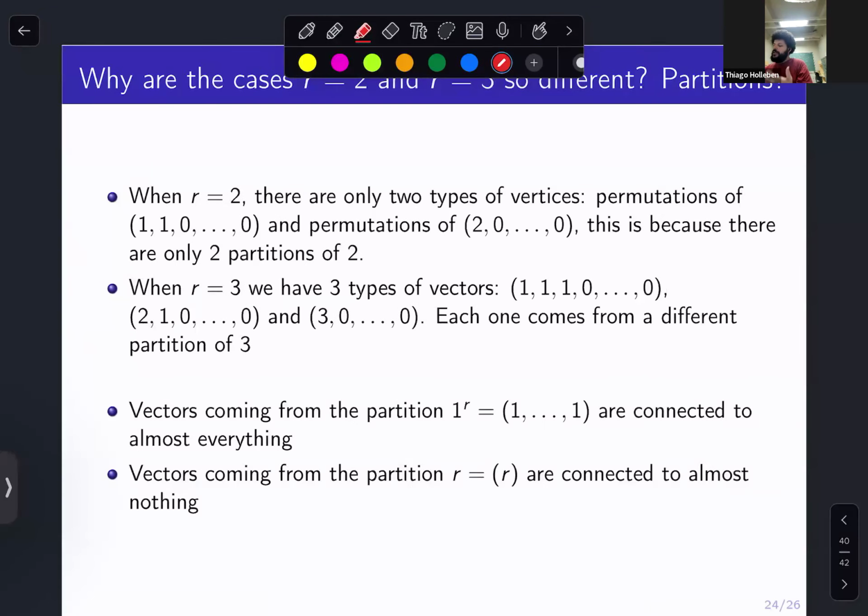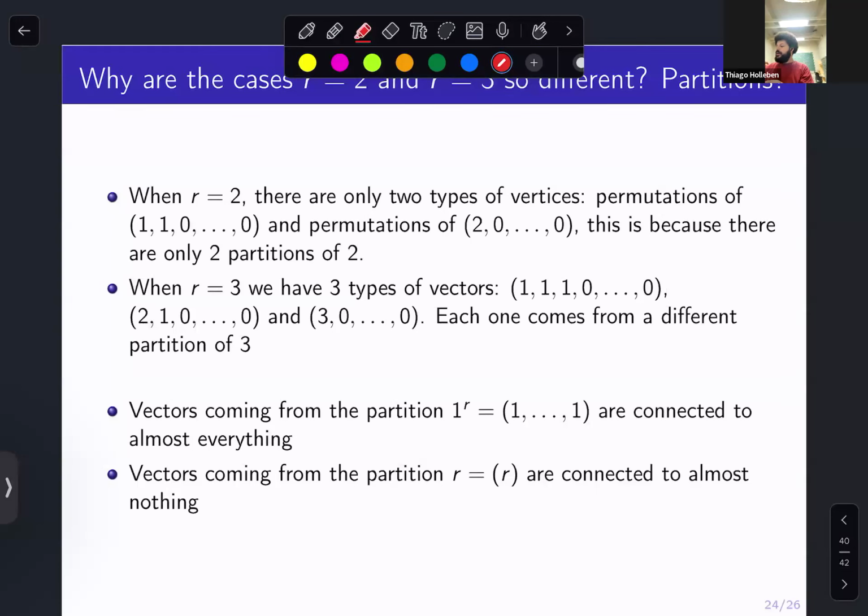And the thing is, if you take vectors that are of the form 1, 1, 1, 1, 1, and zeros, we know what they are adjacent to, in terms of edges and even higher faces. We have a very good idea of which faces they are in and which faces they are not in. And the answer is they're basically in everything.